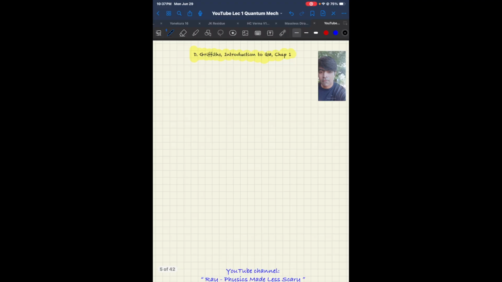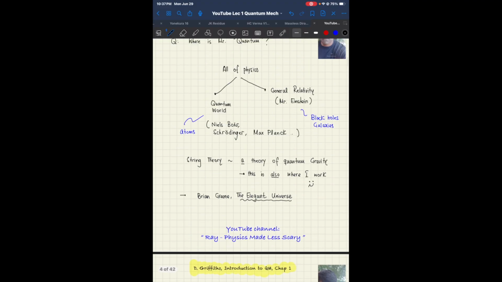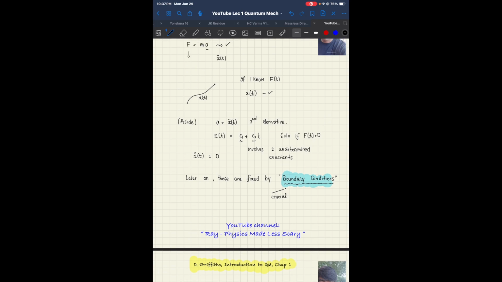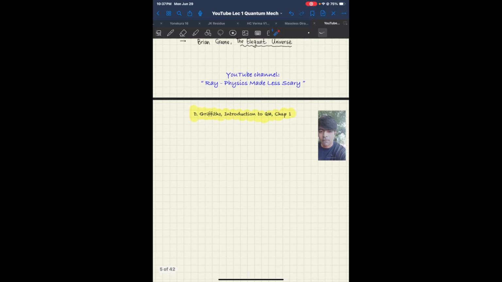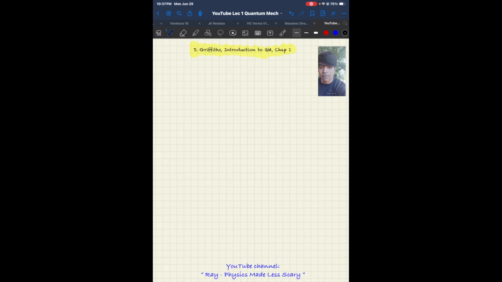So where does quantum mechanics start, or how is it different from this simple classical equation, Newton's equation that I wrote here? Quantum mechanics actually deals with wave functions. If you are a high school student, maybe you are hearing this for the first time.